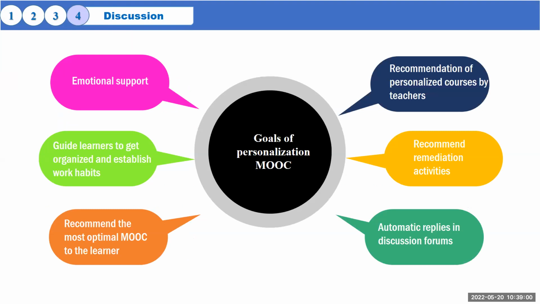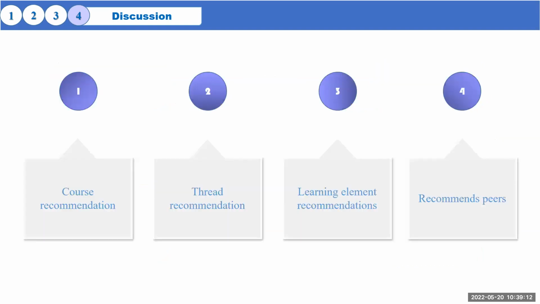Personalized learning aims to adjust the emotion of the learners, guide learners to get organized, recommend the most optimal MOOC, recommend personalized contents, or remediation activities. The articles reviewed present an overview of the different techniques and methods of recommendation in MOOCs.